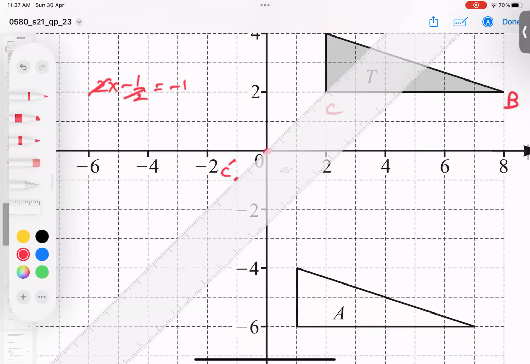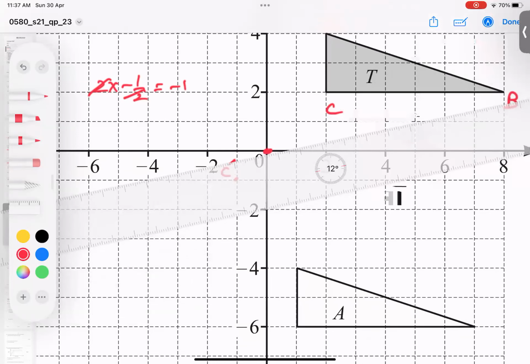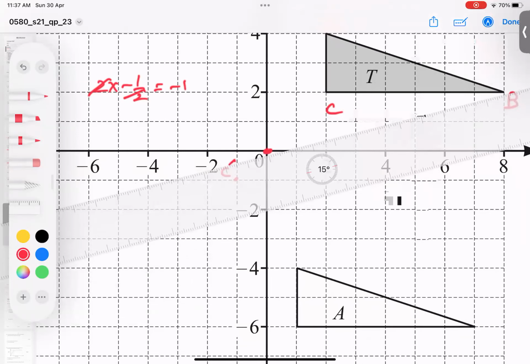And now I'm going for B. Count. How many boxes is this? You will count these lines, student, okay. I count 1, 2, 3, 4, 5, 6, 7, 8. So 8.